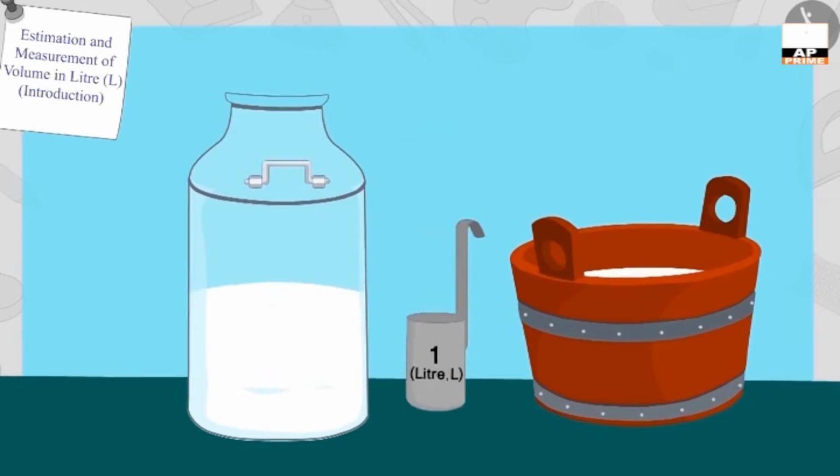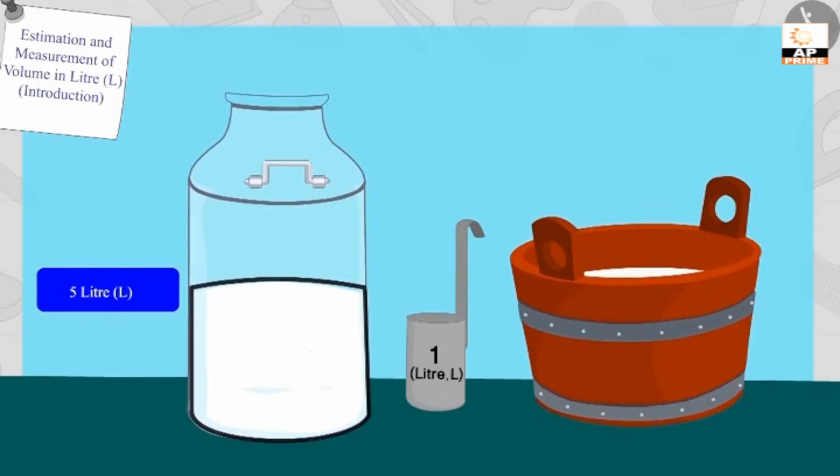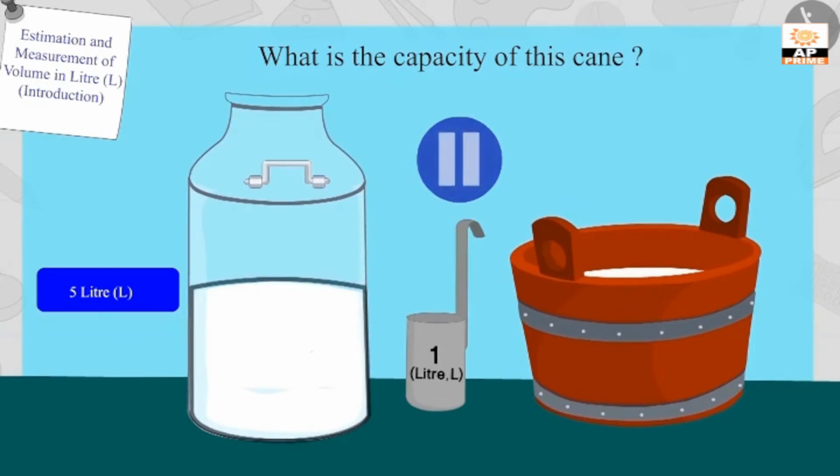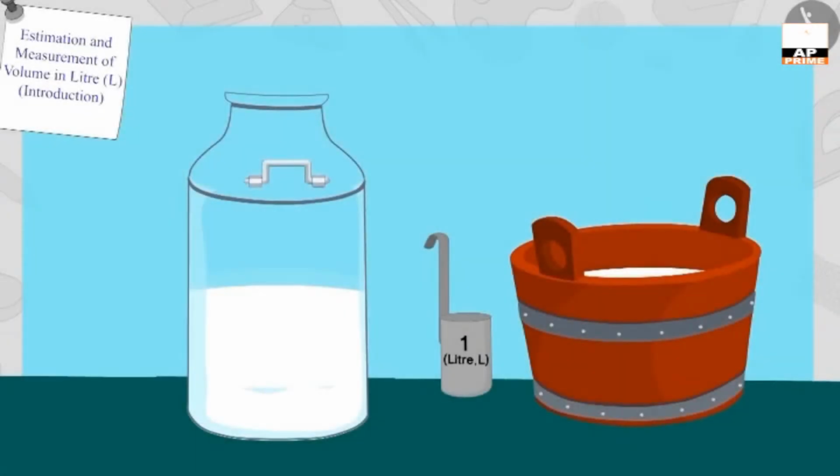Children, if the can is this filled with 5 liters of milk, then what is the capacity of this can? If required, you can pause this video and find the answer. Well done! Your answer is absolutely correct.